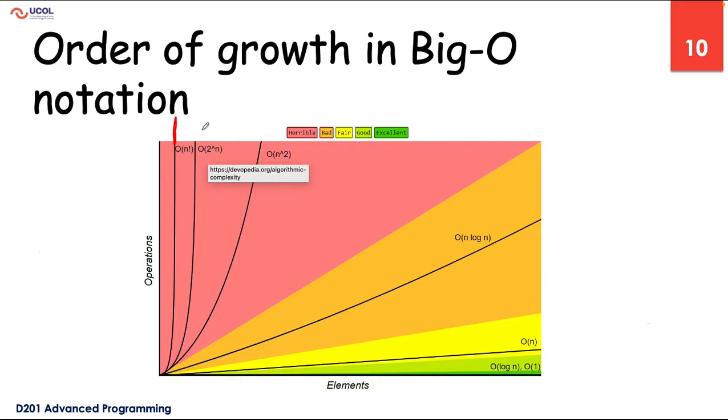Again, look at that: with the increase in the size of the problem, that line goes up very quickly, meaning the execution time is going up. We have n raised to power 2, then n raised to power 3. Of course it will increase with the size.